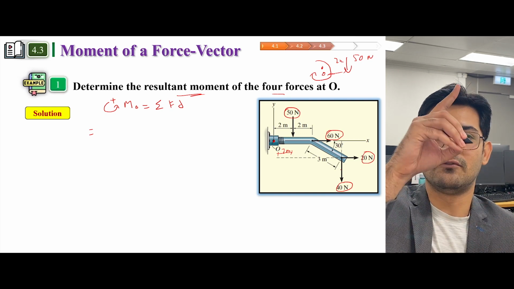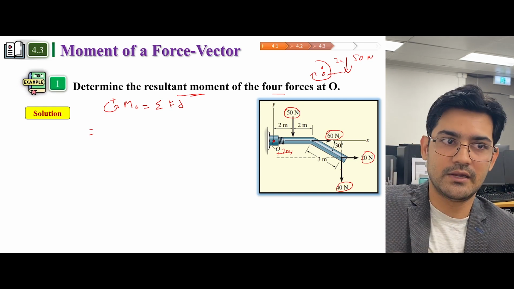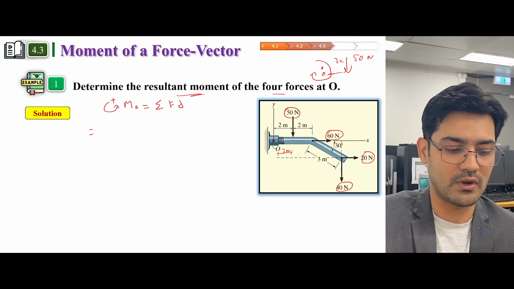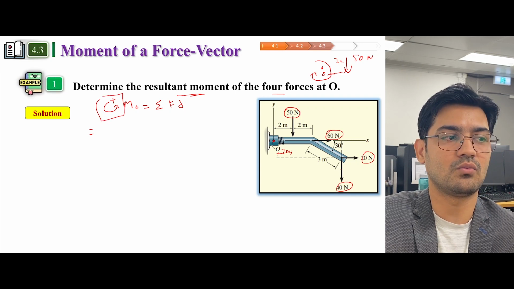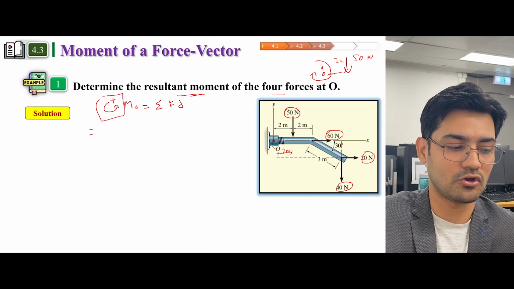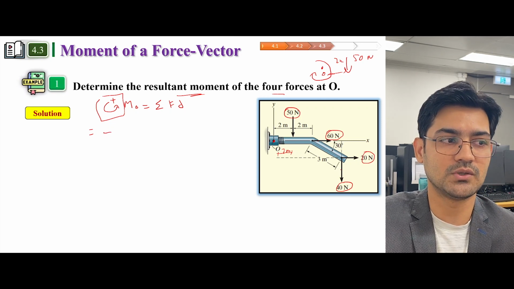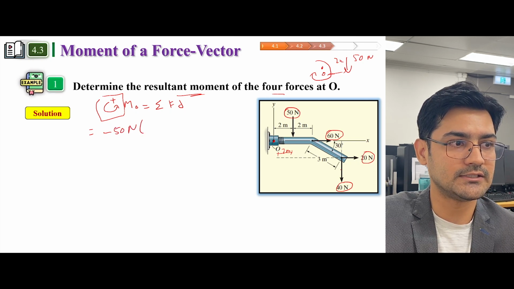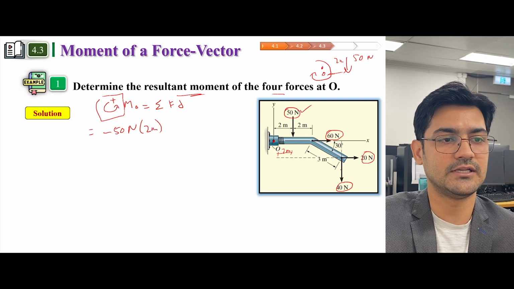So 50 Newton is directed downward, and it will rotate about point O clockwise. We have considered anti-clockwise as positive, so clockwise would be negative. Since this moment is clockwise, we'll put negative, and the force is 50 Newton, and the distance d is 2 meters.